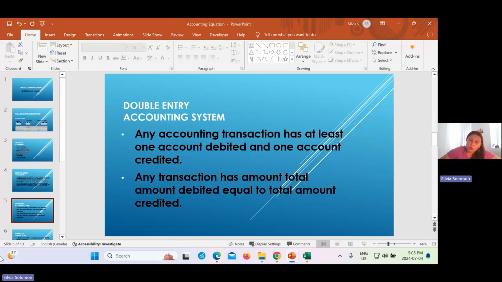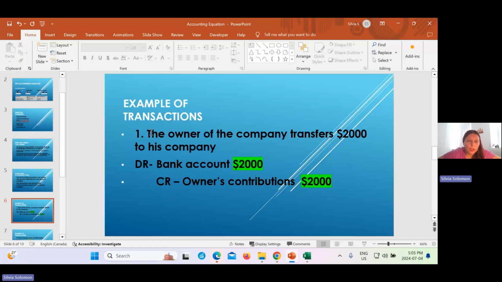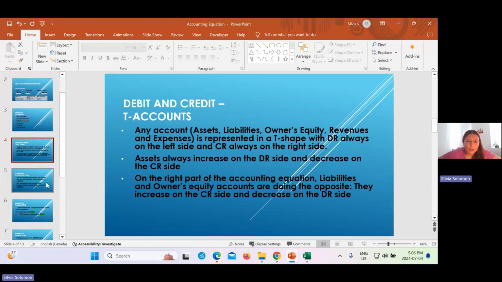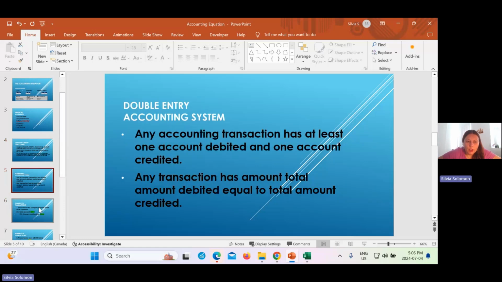But the rule for the transaction to be valid, correct, is that the total amount that we debited is equal to the total amount that we credited, and we're going to see examples. So now we are going to go directly to the transactions, now that we explained this.